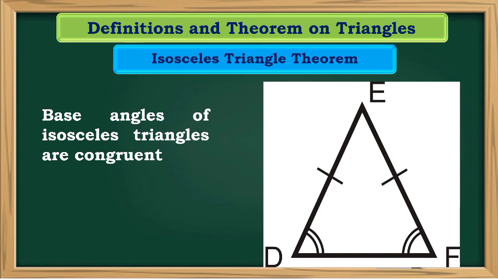Side DE has an opposite angle, which is angle F, while side EF has an opposite angle, which is angle D. So this theorem states that base angles of an isosceles triangle are congruent. Since their sides are congruent, therefore the opposite angles are also congruent.